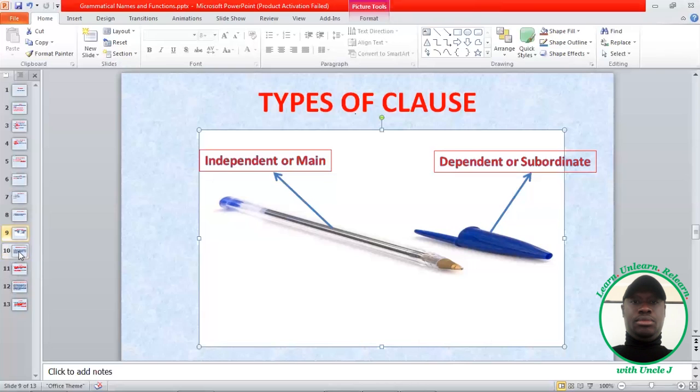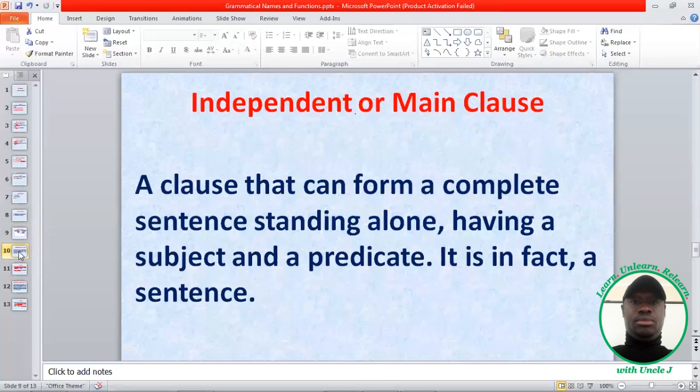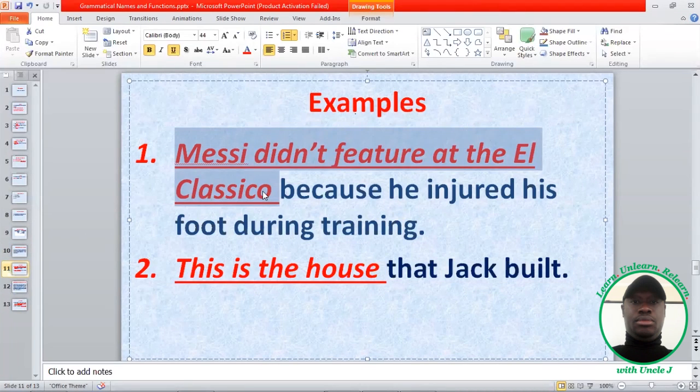Let's go further. An independent clause is a clause that can form a complete sentence standing alone. It is in fact a sentence. This sentence can stand alone without the support of any other sentence. For example, Messi didn't feature at the El Clasico. Now, if you look at the sentence, this part of the sentence can stand on its own.